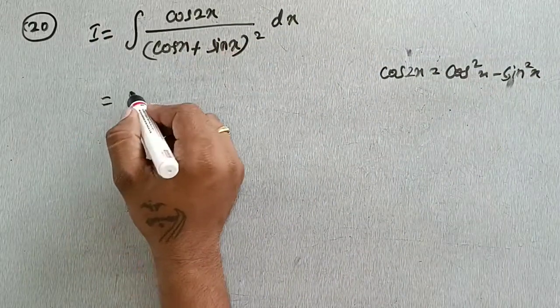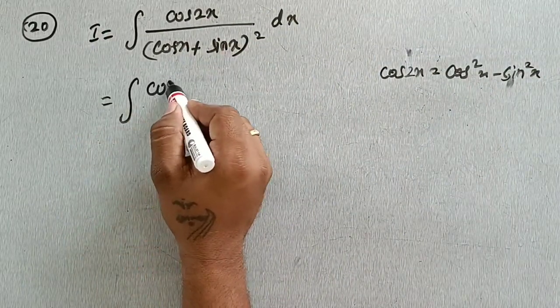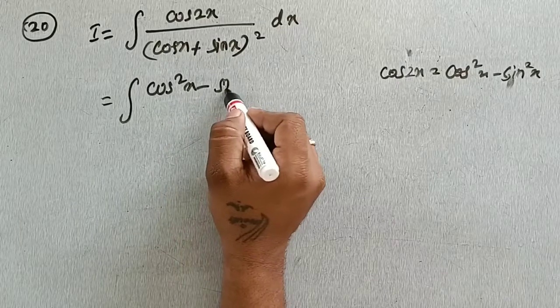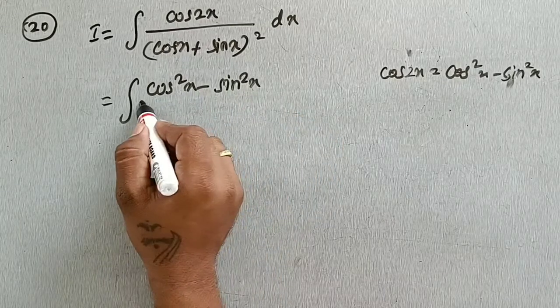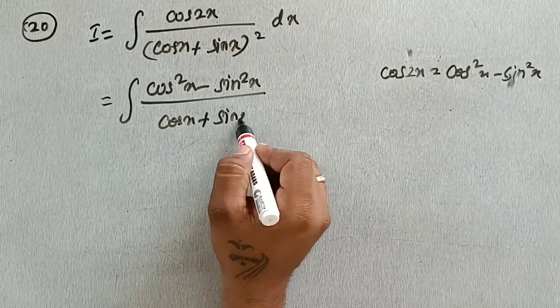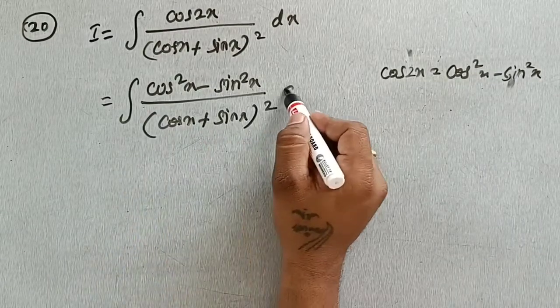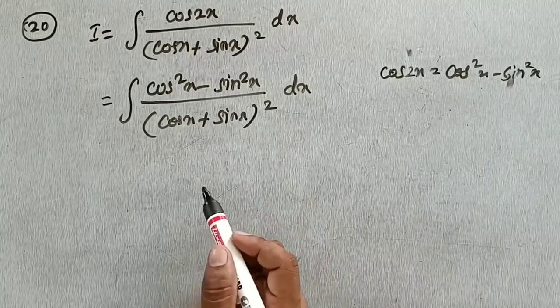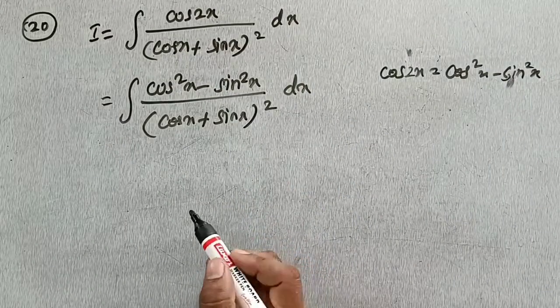So I will get the numerator as cos square x minus sin square x divided by cos x plus sin x the whole square into dx. The numerator can be written as a plus b into a minus b.